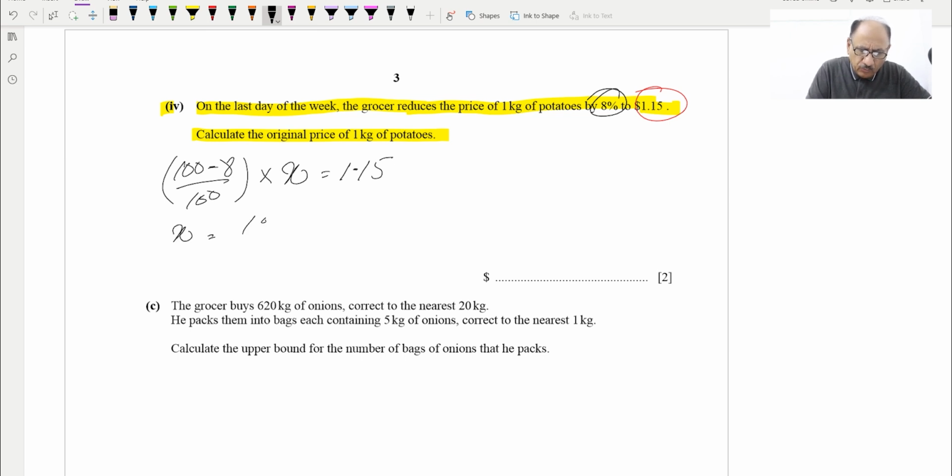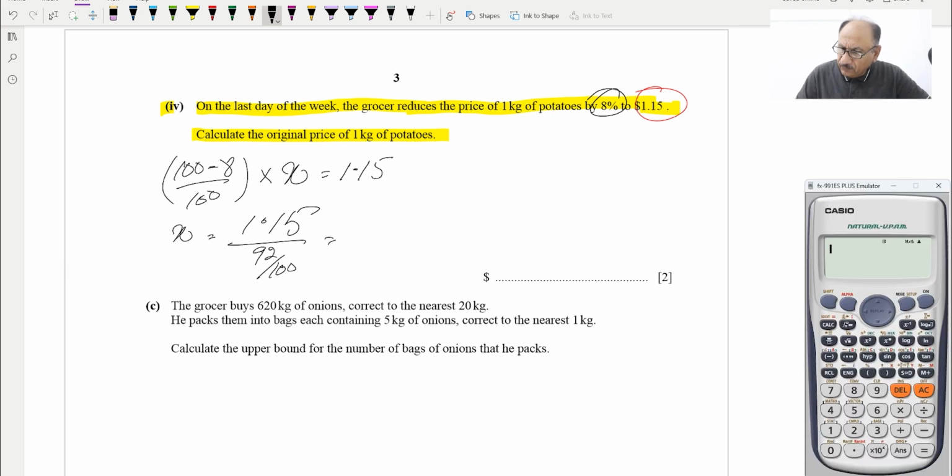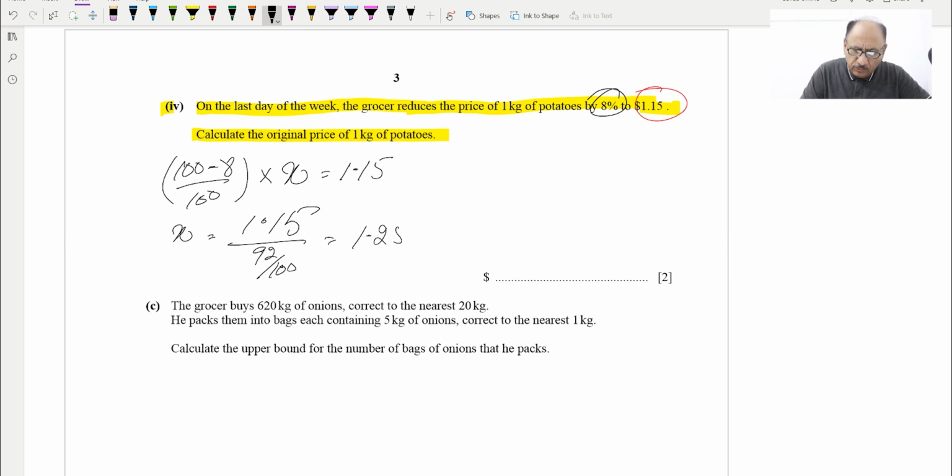X will be equal to 1.15 over 92 over 100, which simplifies to 1.25. So 1.25 is the original price, and the reduced price is 1.15.